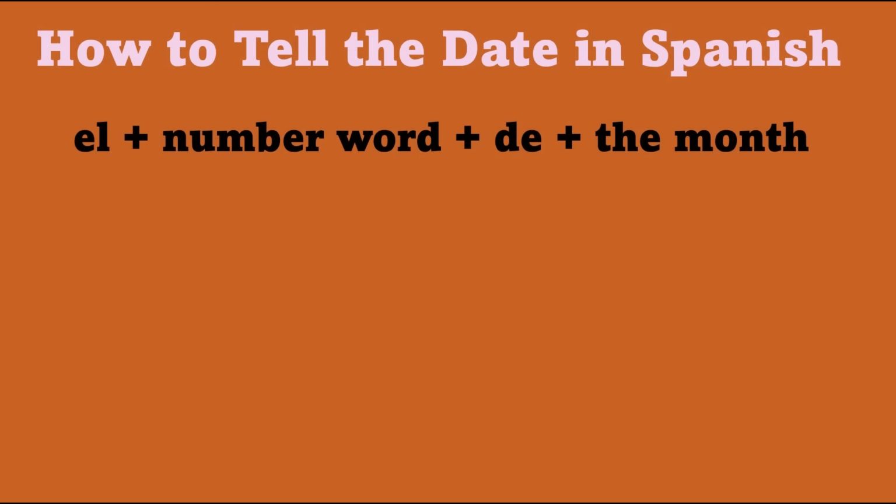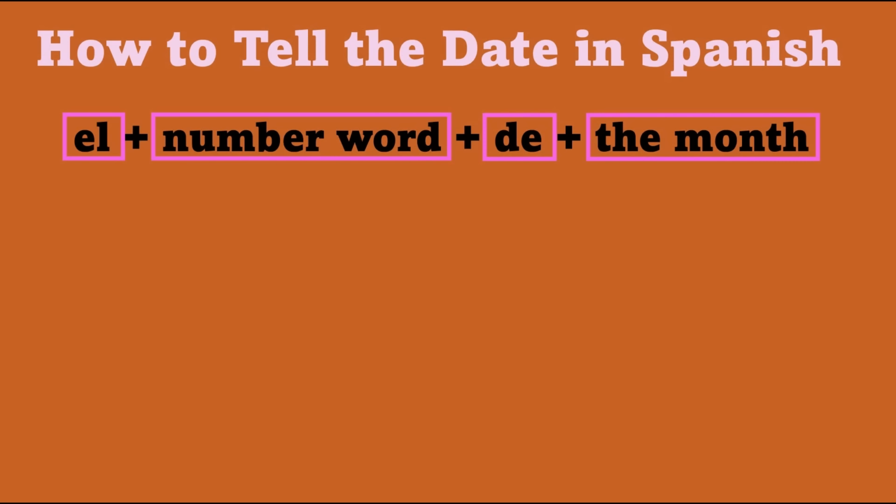The most important part about telling the date in Spanish is to remember the basic formula or pattern that you must follow, which is el, number word, de, I like to call it de for this lesson, but it's pronounced de, and the month.